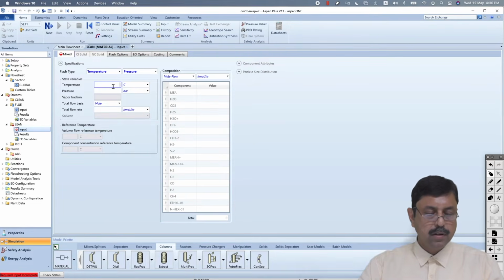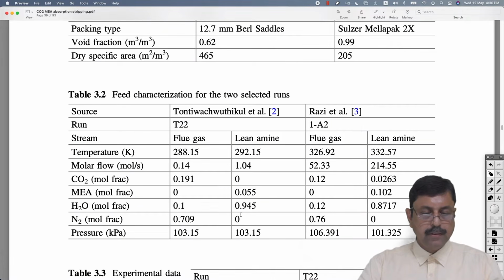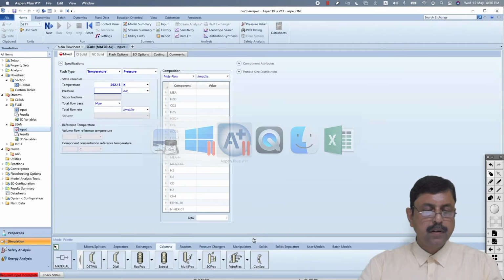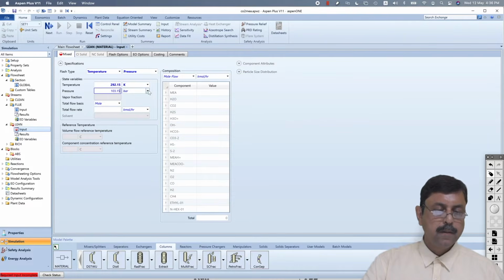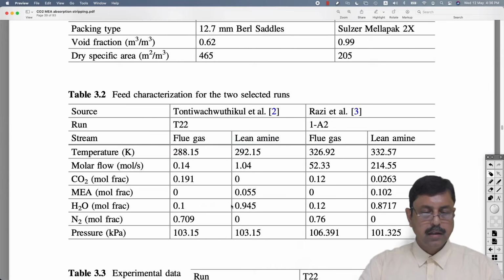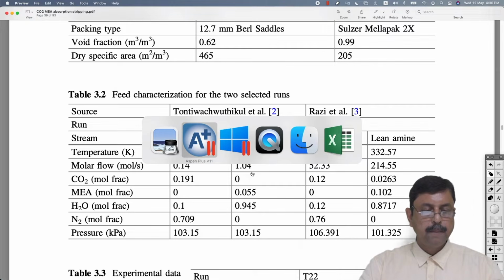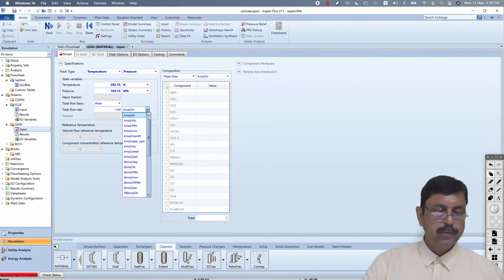292.15 Kelvin. Pressure is same, 103.15 kilopascal. And flow rate 1.04 moles per second.